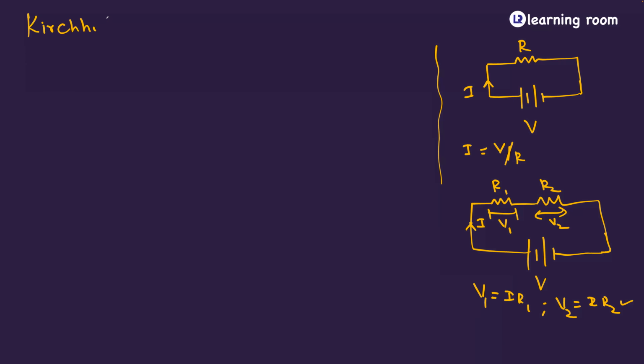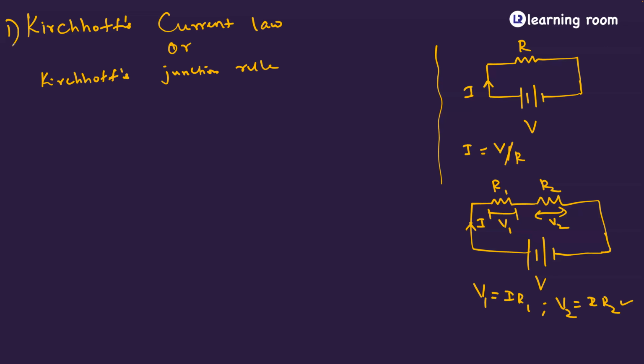One is Kirchhoff's current law, or Kirchhoff's junction rule. This is one of the laws, and the second is called Kirchhoff's voltage law.